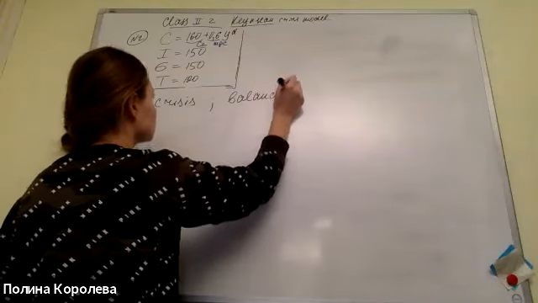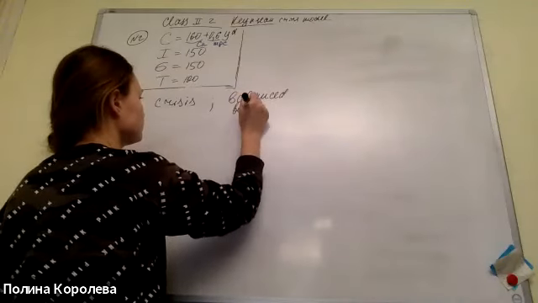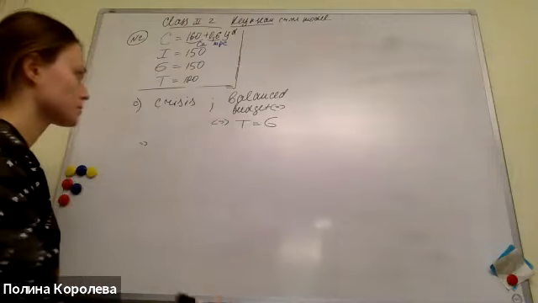So we're talking about crisis, as I understand. And we have a balanced budget. It means that our taxes will be equal to government spendings. So if we increase government spendings, then our GDP will increase too.